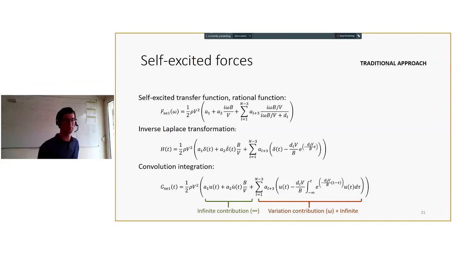If we're able to build this expression inside the software, then we technically have our self-excited formulation. What's also interesting to see are some of the properties. For instance, these first two terms, A1 and A2, present an infinite contribution, in some sense the same as a quasi-steady contribution, and then we have also the part which is convolved, and this presents the frequency variation, which we're trying to catch here properly.